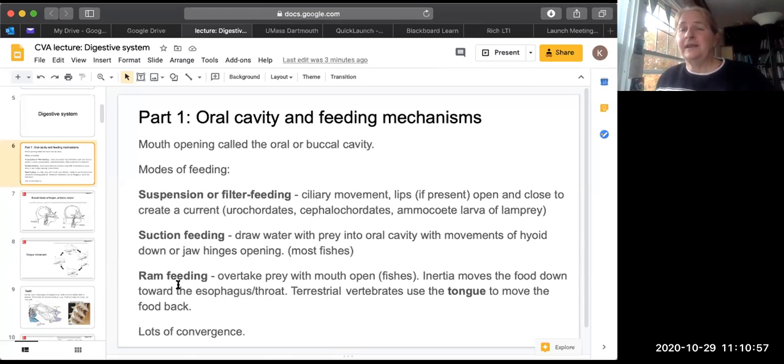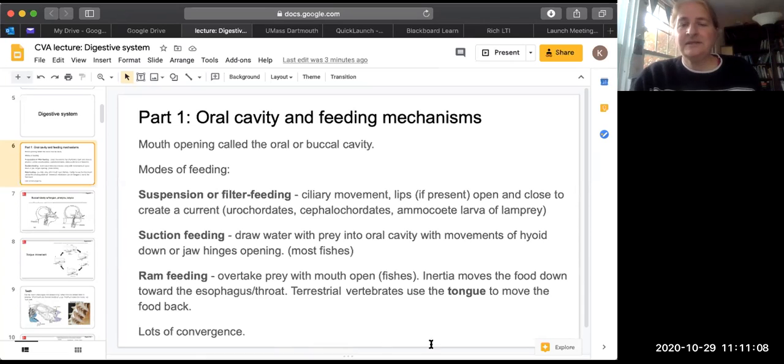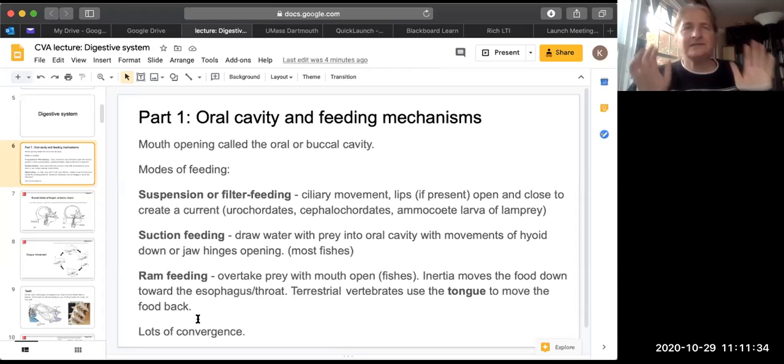They run down a predator, and their mouth attacks it, and then they get it down their throat by using the tongue to move the food back, rather than the water movement in fishes. It would be hard to have a suction hard enough in air to suck in your prey, right? And there's lots of convergence in feeding mechanisms, so lots of diversity in that.